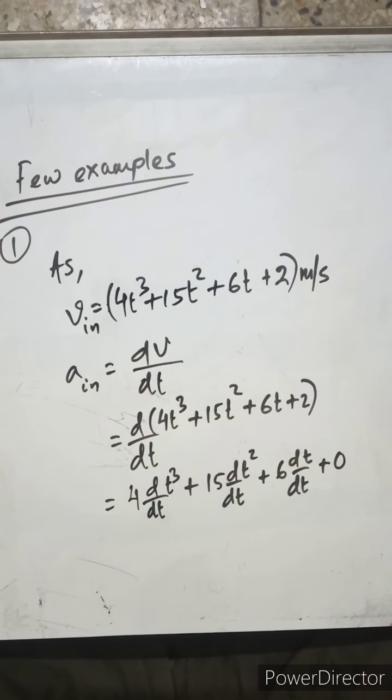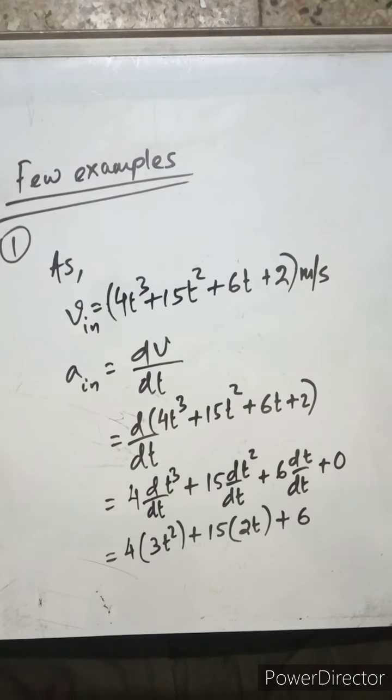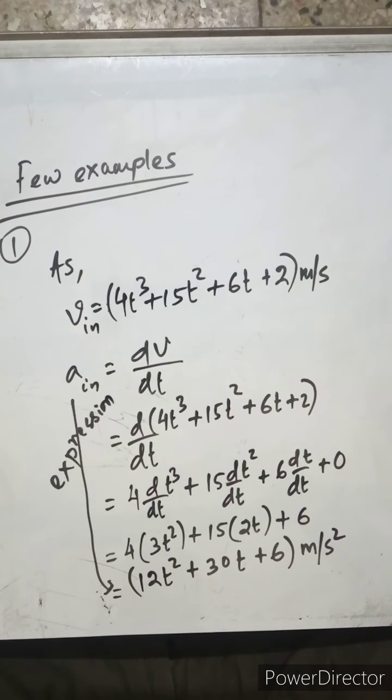So all the constant terms go outside, and we take d by dt of t cube, d by dt of t square, d by dt of t, and the last term is 2, a constant, so its differentiation goes to 0. So that equates to 4 times the derivative of t cube, 3t square, plus 15 times the derivative of t square, 2t, plus 6 remains.